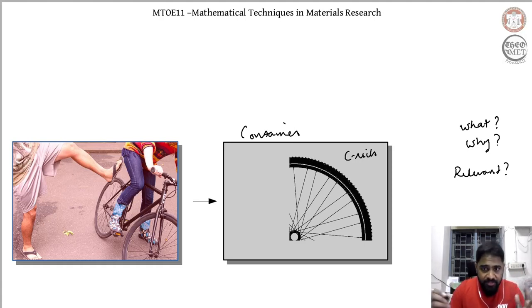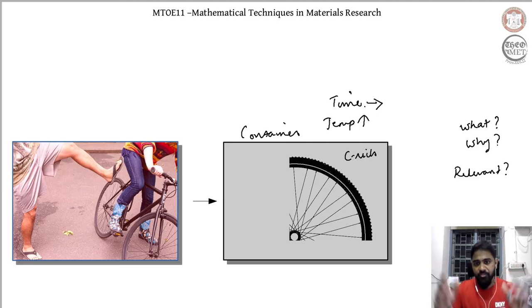Now, when I raise my temperature and then hold my container at that temperature for a prolonged period of time, it is as if the carbon atoms in my surrounding have gained sufficient energy and are now allowed to percolate into my steel rim.